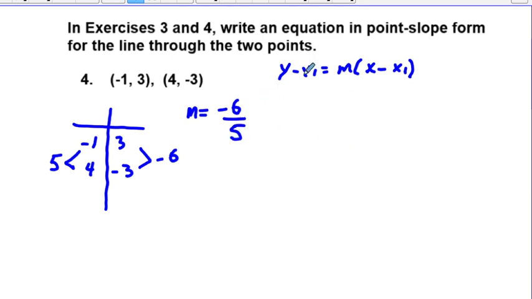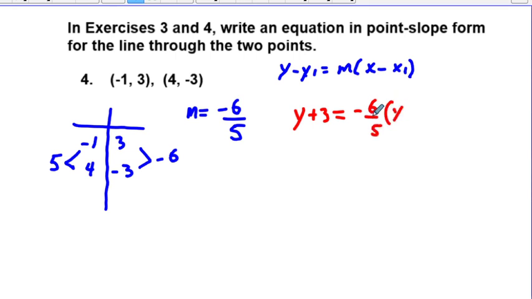So that's our slope, and we can use any one of these points we want to watch, and so either one. We can do this second point here. I guess I'll do this again. Y minus negative 3 is going to be y plus 3 equals negative 6/5.